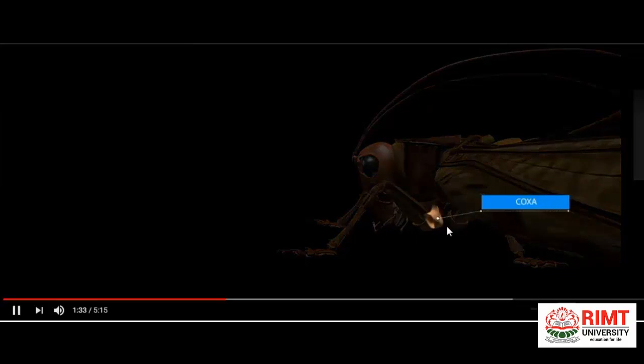This is the lateral side of the grasshopper. See, this is the coxa, part of the legs. This coxa is attached to the body of the grasshopper on the lateral side.